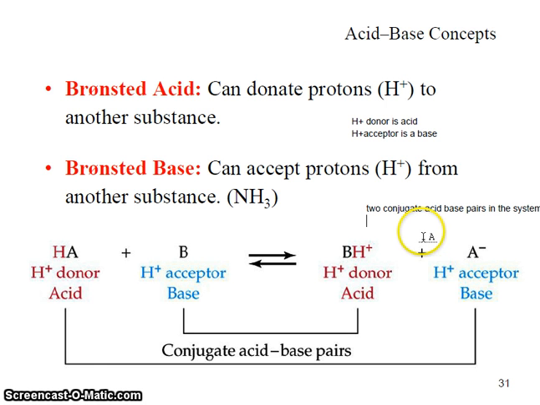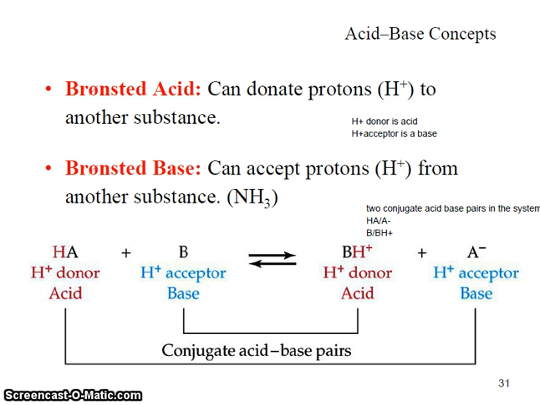And if you really think about the two possibilities, you would say this is HA/A minus, that's one system. The other system is B/BH plus, that is going to be the second system. And this is how you can identify, classify, and characterize these two systems.